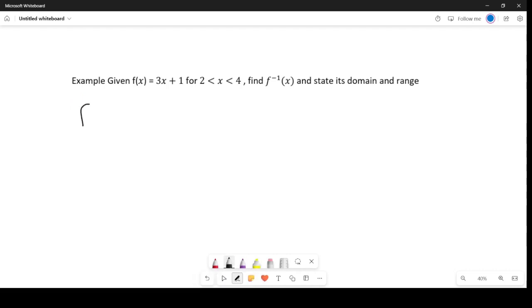We're going to make x a subject and replace f(x) with y. Yes. So y equals 3x plus 1. y minus 1 over 3 equals x.